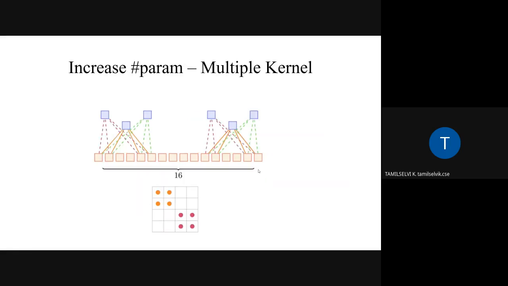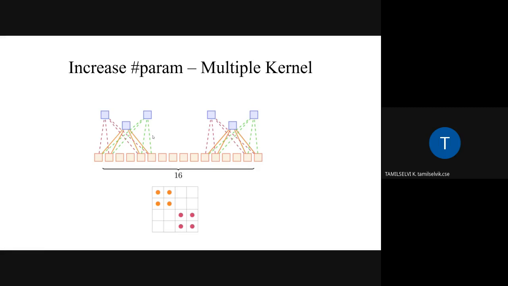One thing is that the number of parameters is reduced compared to that of the fully connected neural network. For instance, I am applying more filters. More filters means multiple kernels. For this image, I am going to apply multiple filters at a time. In that case, the number of parameters can be increased.